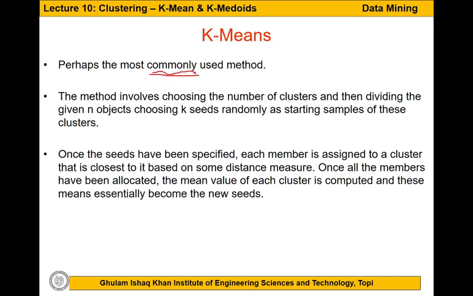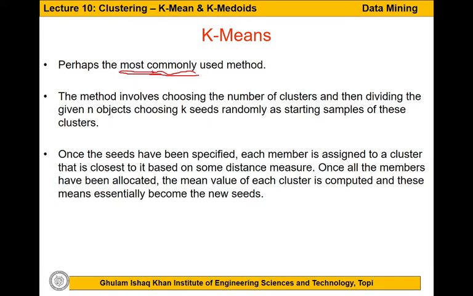For example, in association rules mining, the Apriori algorithm is the fundamental or basic algorithm, but Apriori is not the commonly used algorithm in association rules mining because of its exponential execution time. But in clustering, and specifically k-means clustering, k-means is not only one of the fundamental algorithms for clustering, but it is the most commonly used as well.